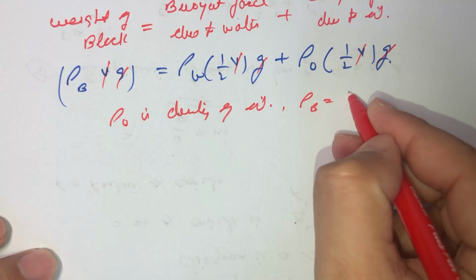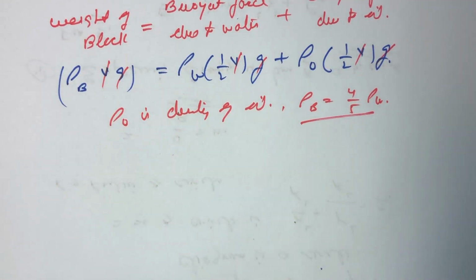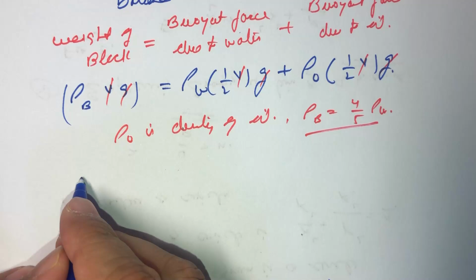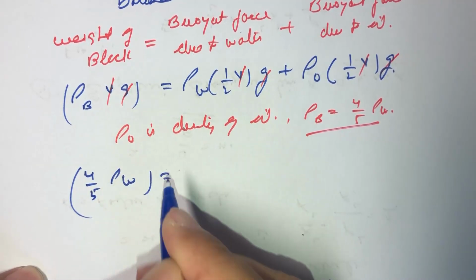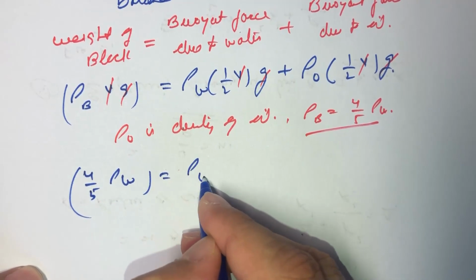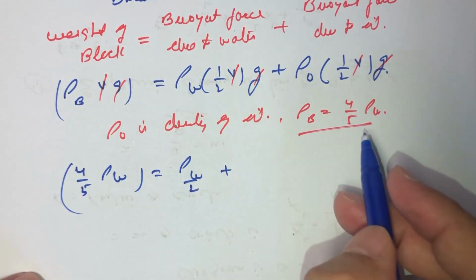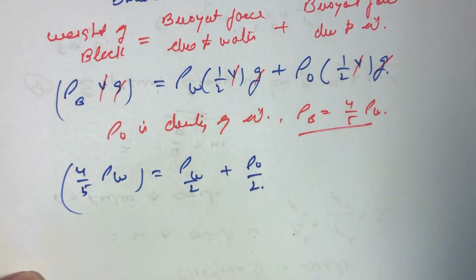So we are going to use this relation, and we get 4 by 5 rho w is equal to rho w by 2 plus rho o divided by 2.